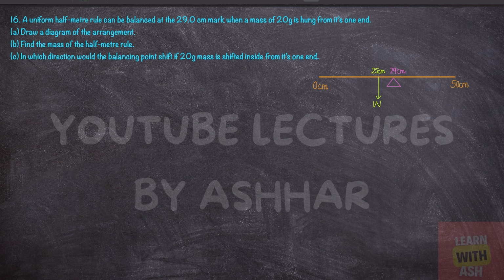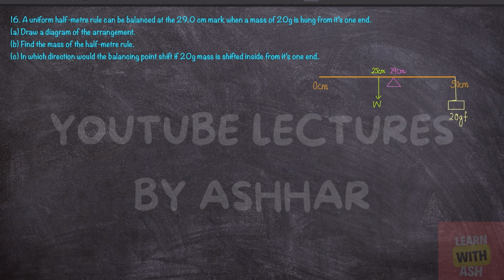They have also told us that 20 gram is hung from its one end. If I suppose that the 20 gram is hung over here, this part represents the 20 gram portion, which is 20 gram force.